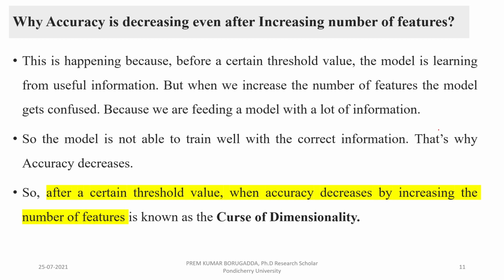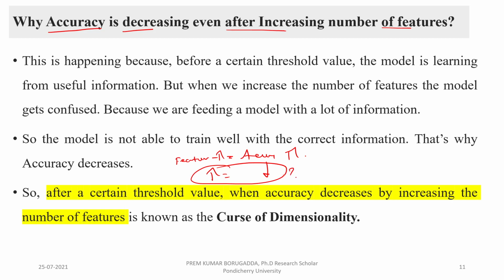So why is accuracy decreasing even after increasing the number of features? Generally, if features increase, accuracy also increases. But here my accuracy is decreasing even after increasing the number of features.